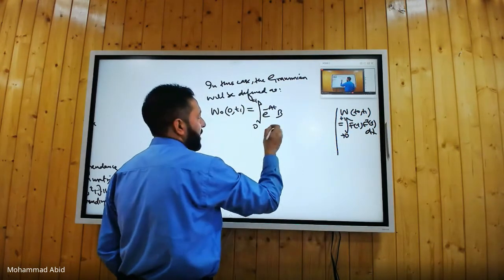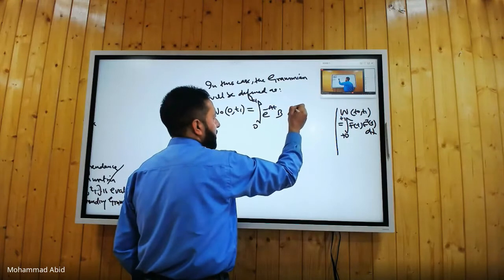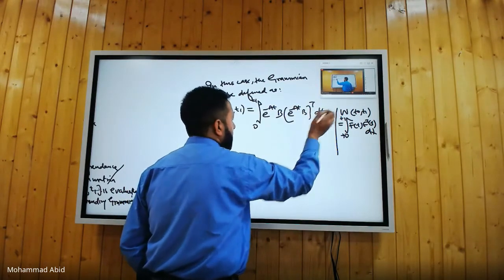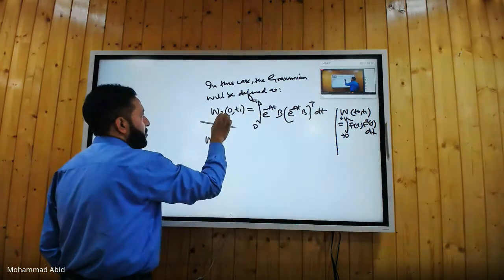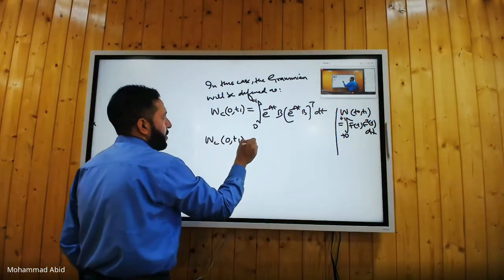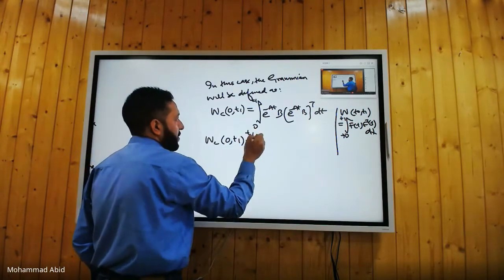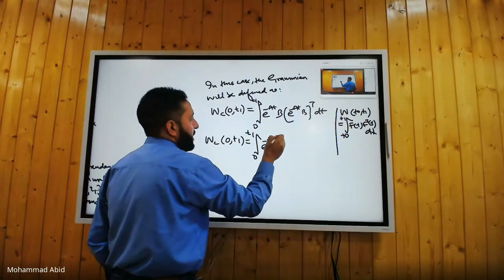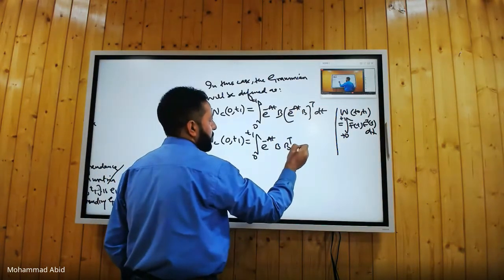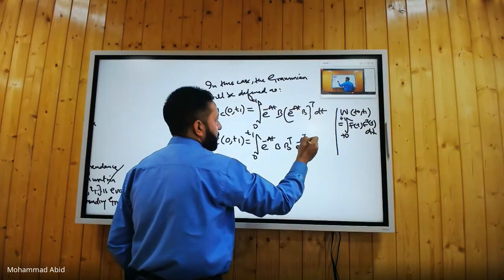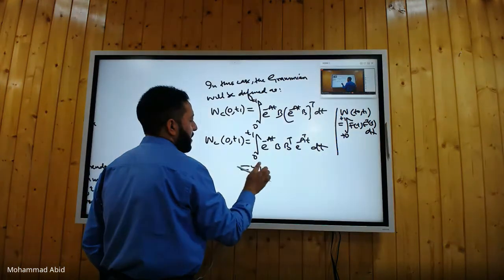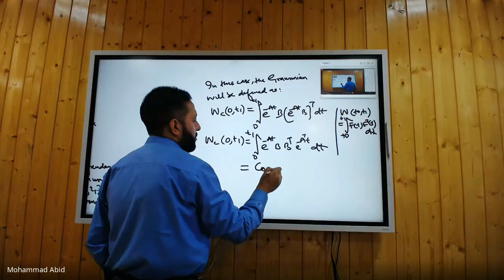So F(t) तो ये है, इसका ट्रांसपोज that is e to the power minus At B transpose dt. That is equal to W_C, we have defined, sorry. So this is W_C(0, t1) equal to integral of 0 to t1 e to the power minus At B, transpose इसका product of matrices का, so this will be B transpose e to the power minus A transpose t, which is actually how we have defined the controllability.